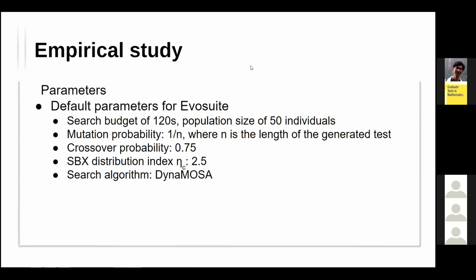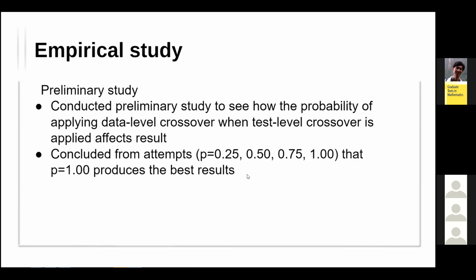Excuse me, sorry. Could you please explain P again? I still cannot understand what P equals 1 means. P here is the probability to apply data level crossover when they apply the test level crossover.